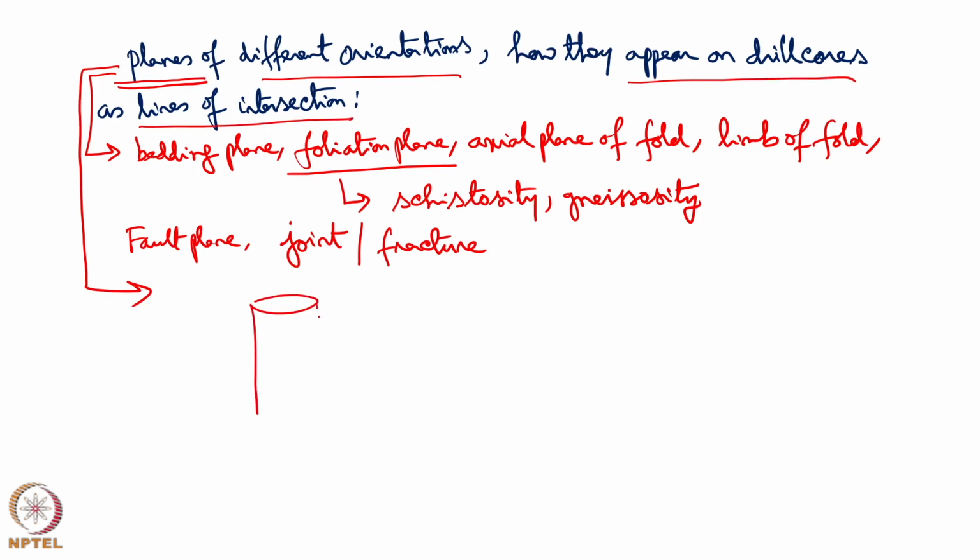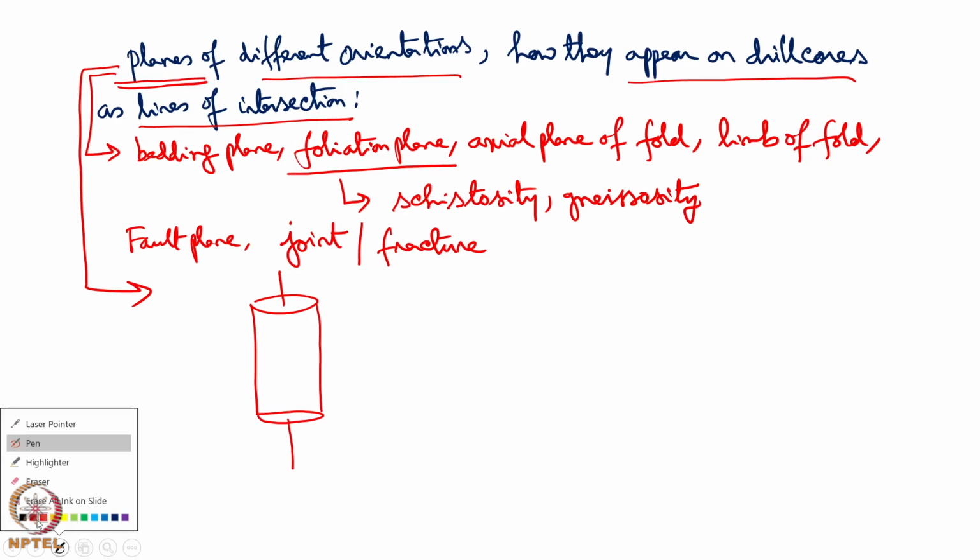So I have drawn a drill core with vertical axis and the drill core is vertical. Now a plane dipping towards me has intersected this drill core.